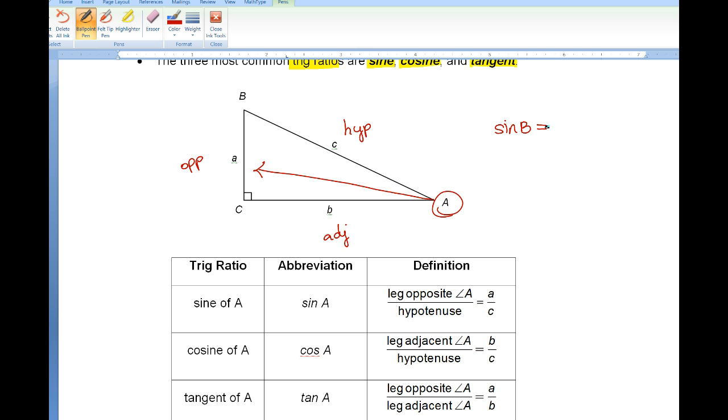Sine is defined as opposite over hypotenuse. So if I look at B, the side opposite would now be little b. So this is where we have to be really careful. Whenever we're working with trigonometry, and later on when we solve right triangles, the capital letters denote the angles and the lowercase letters match with the opposite side. That's all.